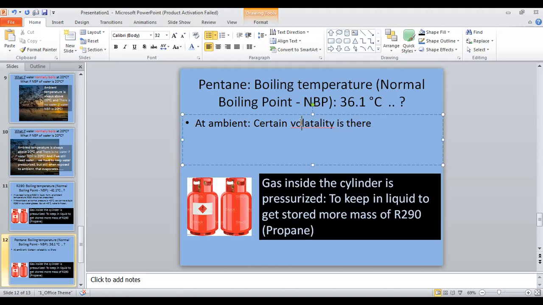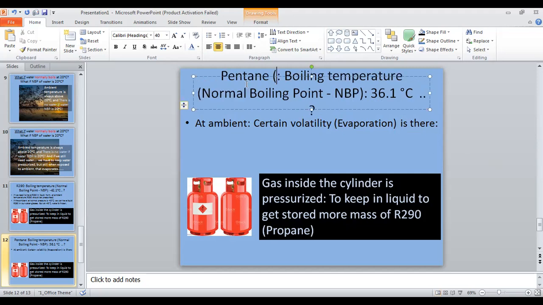Volatility means even if a little wind blows, maybe there is a little evaporation. Volatility or evaporation is there. And this pentane means this is petrol.